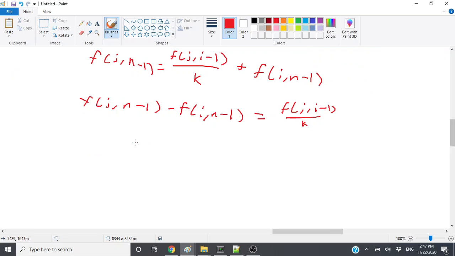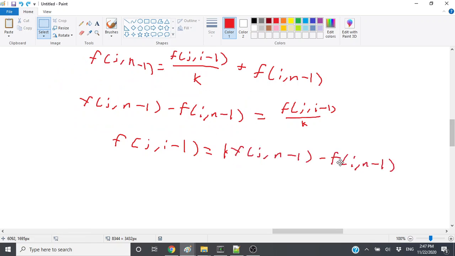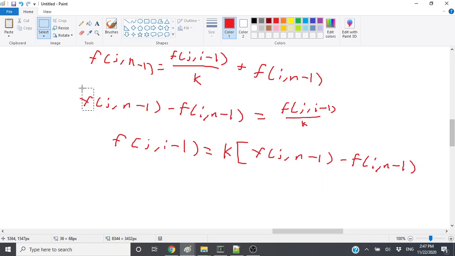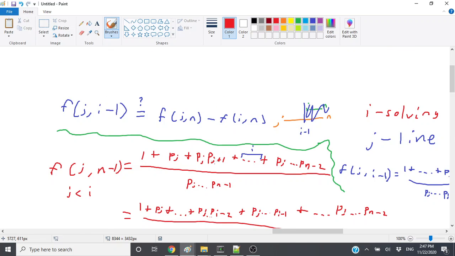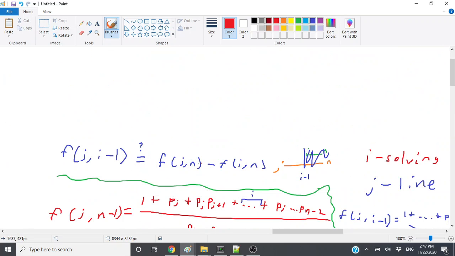And then f of j, i minus 1 is equal to k times this, which I'm going to copy in again: f of j, m minus 1 minus f of i, m minus 1. Which is, again, very close to the thing we were trying to get. It's just there's an extra k involved here. Actually, it just is this thing, except it's multiplied by some k.